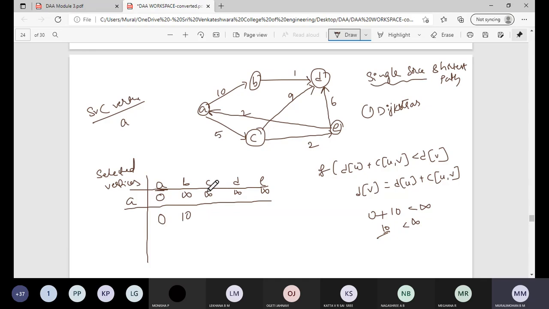What is next? A to C. Are we having an edge? Yes, a directed edge is there. So what is the distance we will get? 5, right? Next, A to D. Is there an edge from A to D? No, so it will remain the same, right?